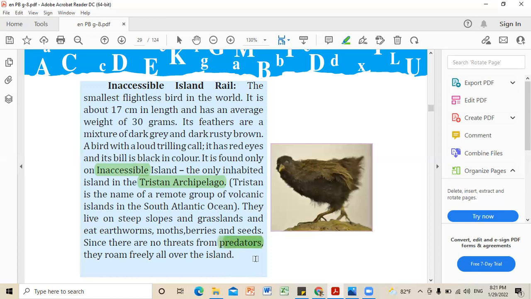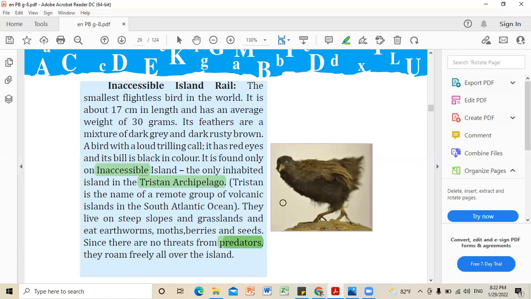Right. Okay, good. So there are a few difficult words. It is okay because this is a little bit difficult, a few difficult paragraphs. So here, inaccessible, right? What do we mean by this? This is the inaccessible island rail, right?